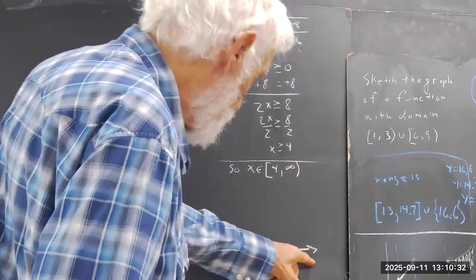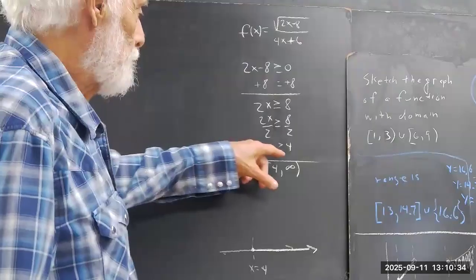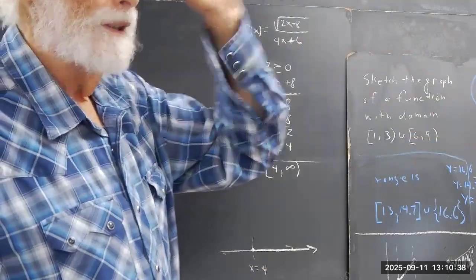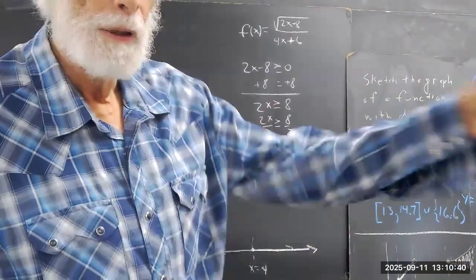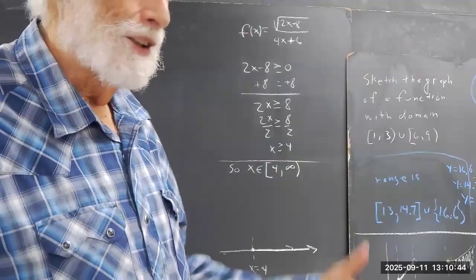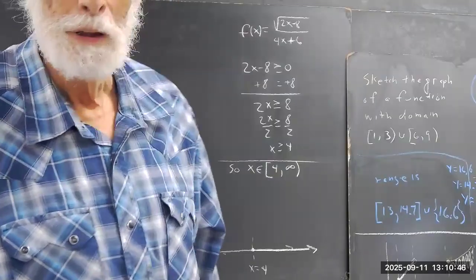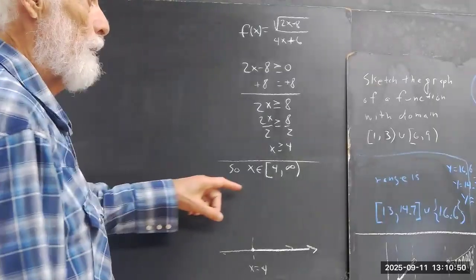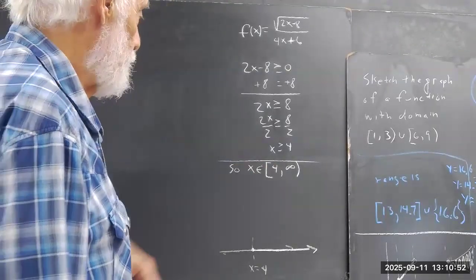Easiest to understand if you first see this picture, but x greater than or equal to 4 means x can be as big as you like. And since we can keep getting bigger and bigger, no matter how big you are, we could double it. Okay. Doesn't take too many doublings to get to really, really huge numbers, and there's no end to it. All right. So x is in the interval from 4 to infinity.